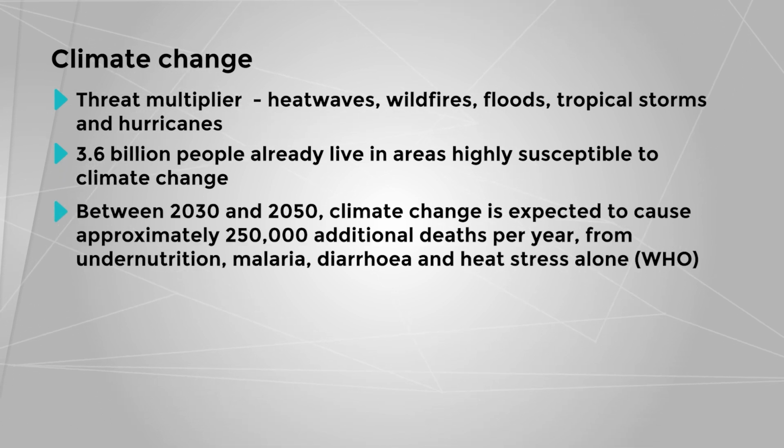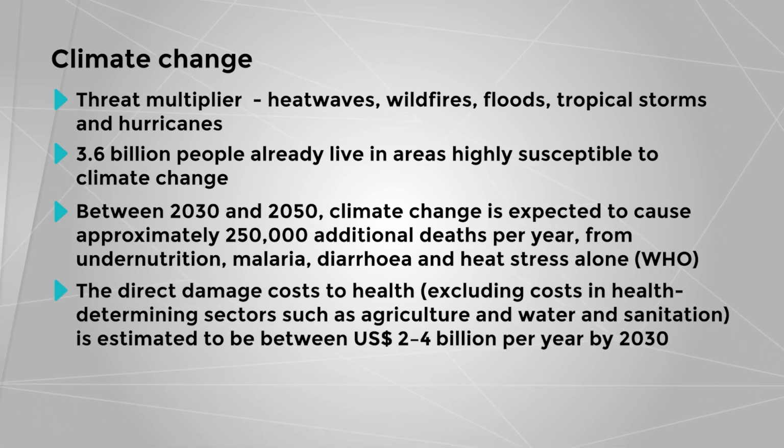Between 2030 and 2050, climate change is expected to cause approximately 250,000 additional deaths per year from undernutrition, malaria, diarrhea, and heat stress alone. The direct damage cost to health, excluding cost in health determining sectors such as agriculture and water and sanitation, is estimated to be between 2.4 billion US dollars per year by 2030.